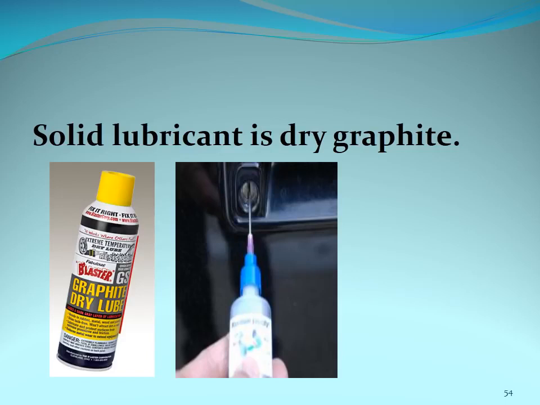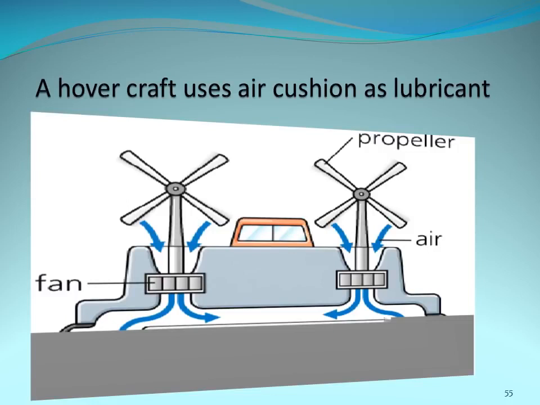An example of a solid lubricant is dry graphite. A hovercraft uses an air cushion as lubricant. The air cushion below the hovercraft acts as a lubricant to reduce friction.